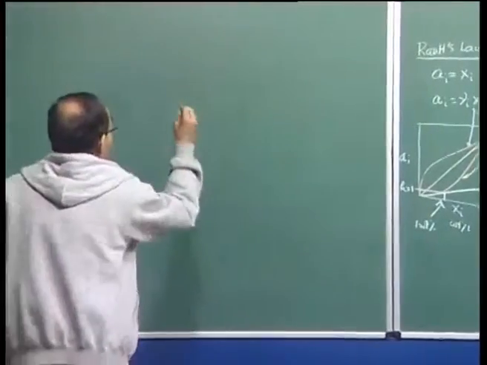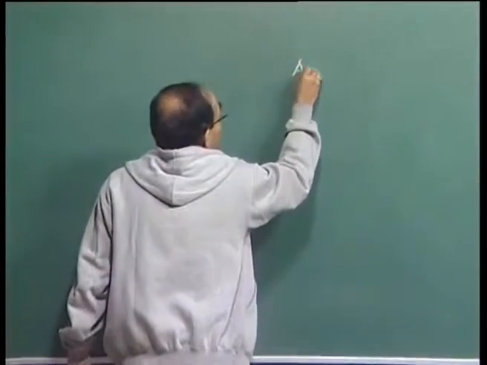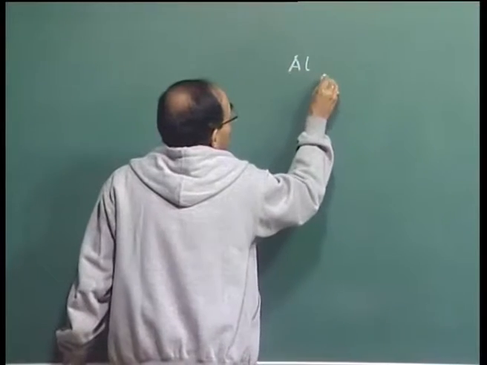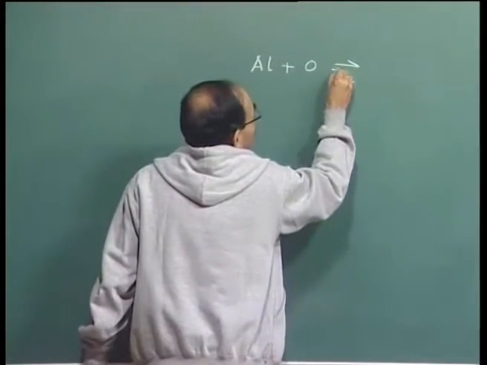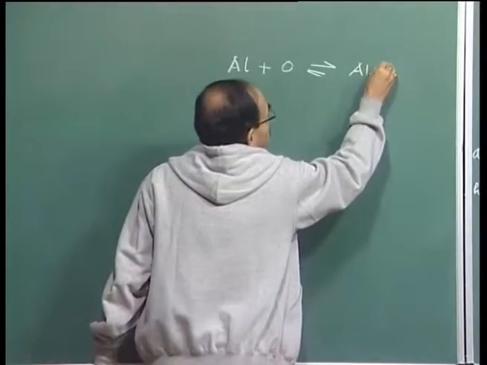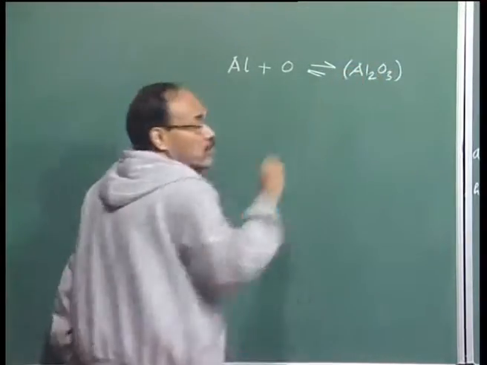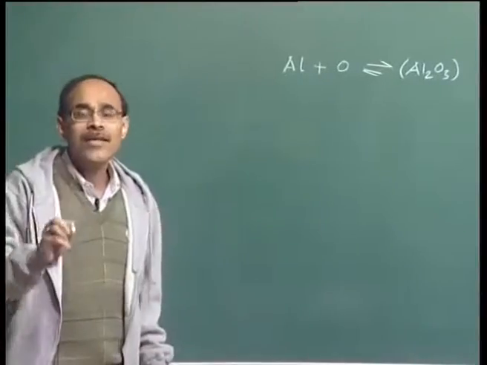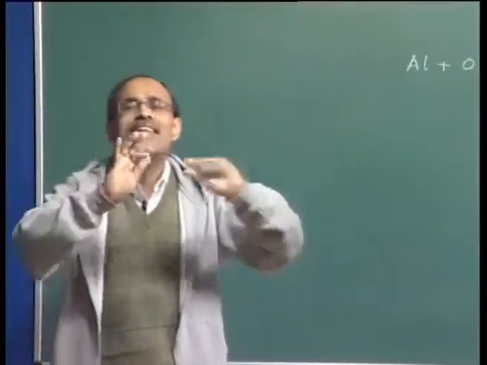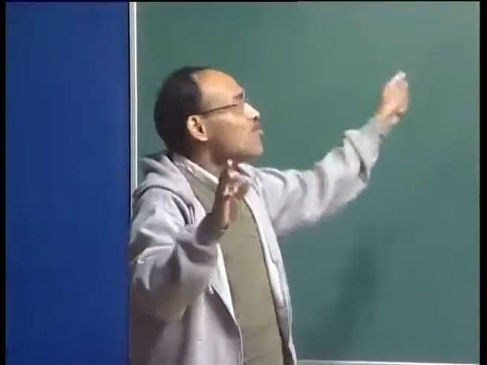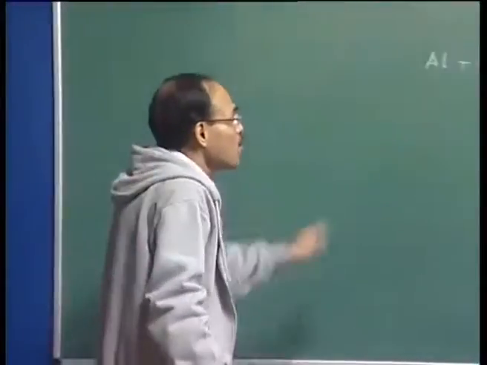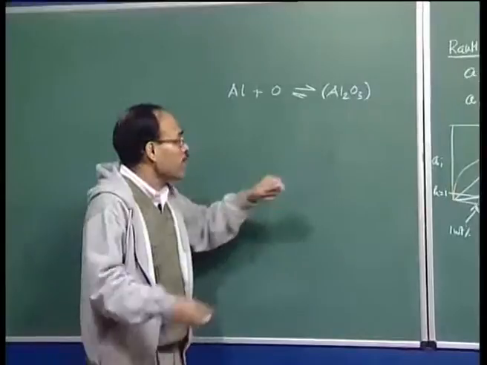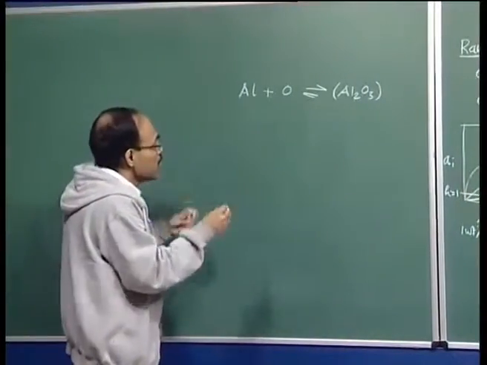For example, you can say I have aluminum, the deoxidation calculation, aluminum plus oxygen giving you Al2O3. Now, if you assume that there is no formation of any slag, just pure alumina forms, there is no silica, no calcium oxide, and no reaction taking place simultaneously.